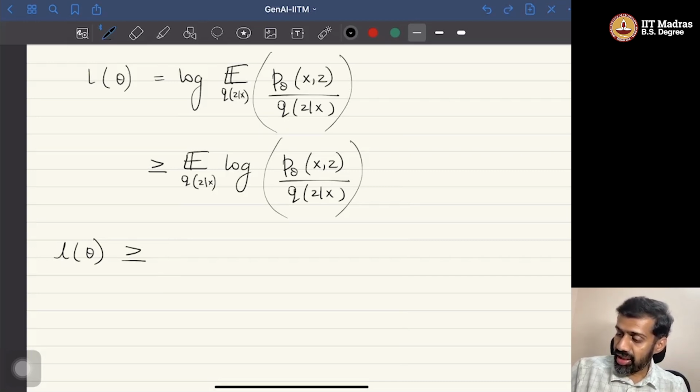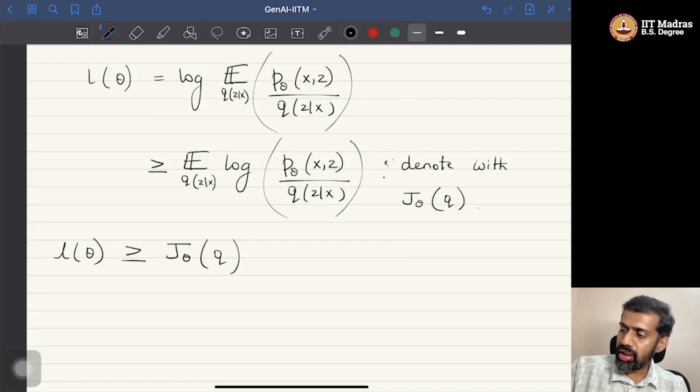Let us write this down as some J theta of q. Denote this thing by J theta of q.